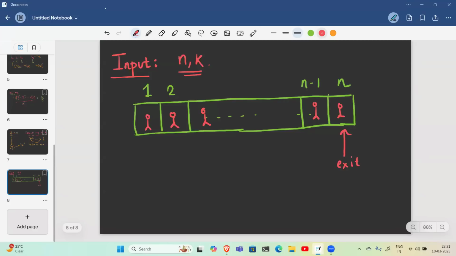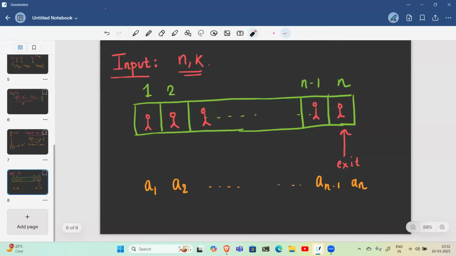The question says that we need to install a teleporter at every cell. So at every cell, I will install a teleporter. So basically at every cell, I will give some integer a1, an integer a2 here, and then it goes till an minus 1 and an. So what is the significance of this integer ai?